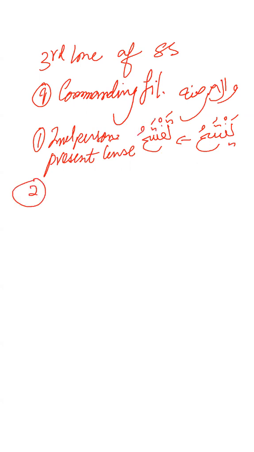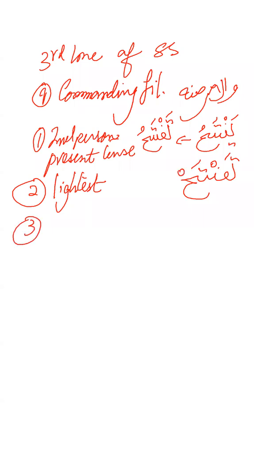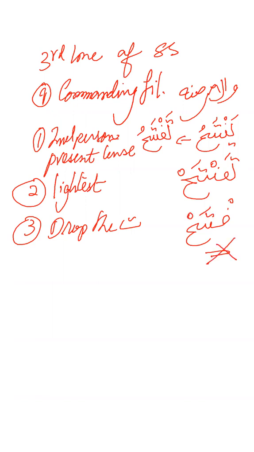Number two, make it lightest: taftah. Number three, drop the ta. Can you read this? No. Right? So the fourth step is add helper alif.